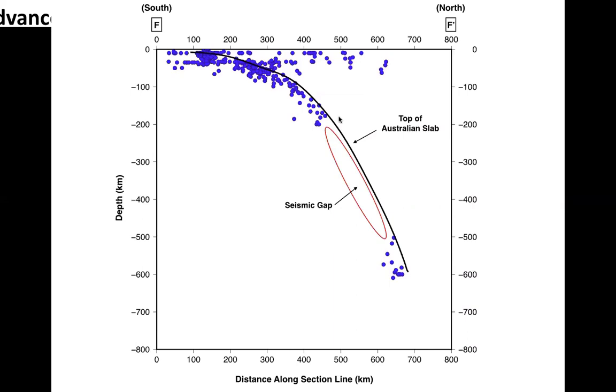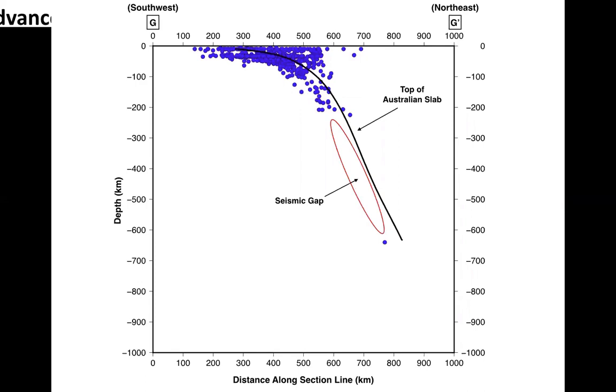So if we move to cross-section G to G prime, which is in southeastern Sumatra, once again we see a similar trend, although the Wadati-Benioff zone is a little more poorly defined to just over 200 kilometers, but then the seismic gap is quite a bit bigger here, with a single event below 600 kilometers and geometry indicating that the slab does still extend to within the mantle transition zone.